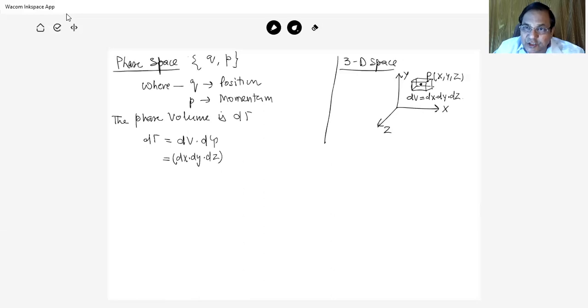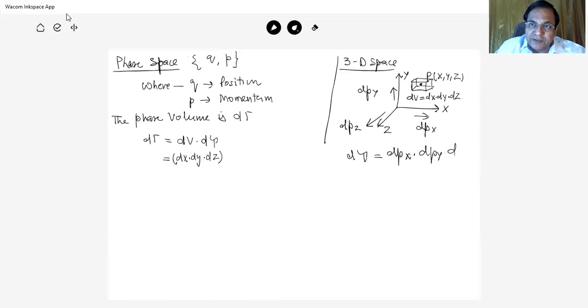And in each component there is a change in momentum: dpx, dpy, dpz. So this d tau is dpx into dpy into dpz.